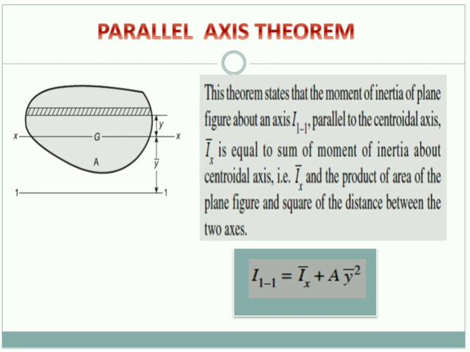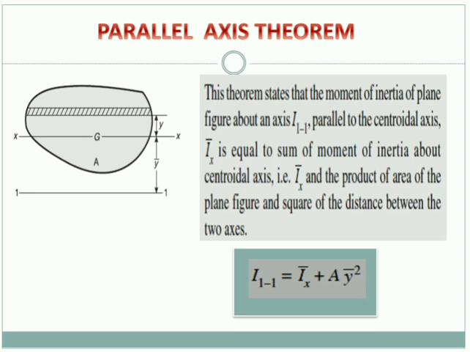So we can apply this when we have two axes which are parallel, one of them being the centroidal axis. That is, say we have x axis at the bottom, and if we find moment of inertia about centroidal axis, but we require moment of inertia about the base, which is represented by xx axis, we need not work out again.